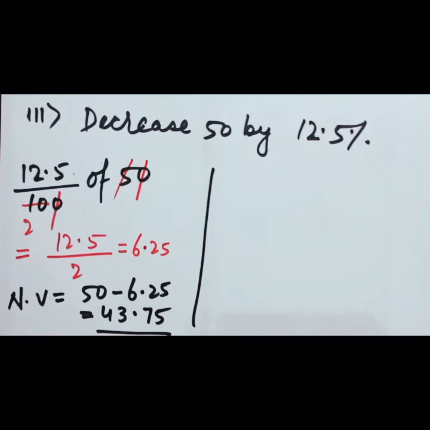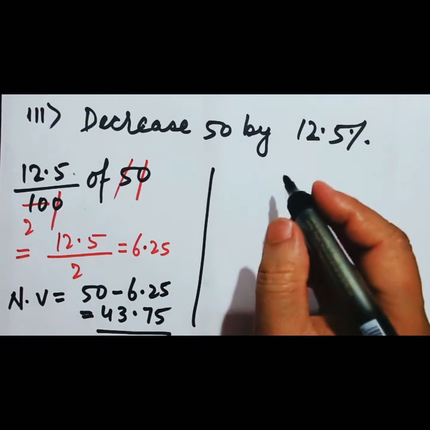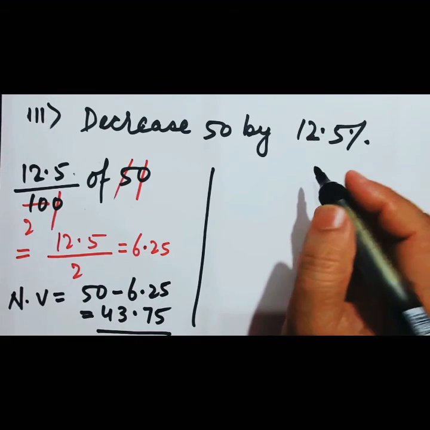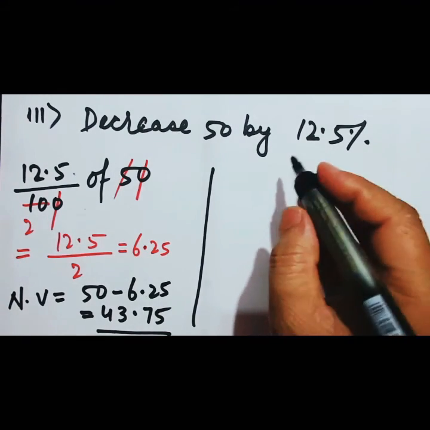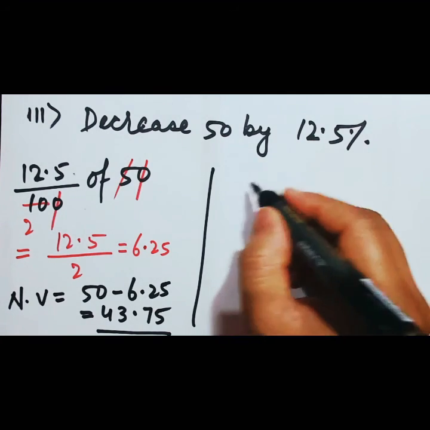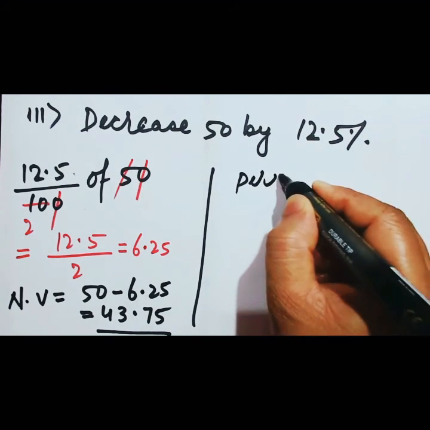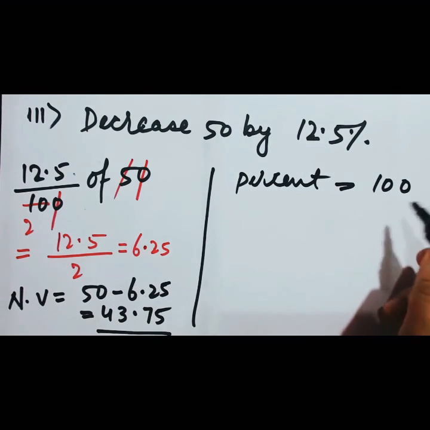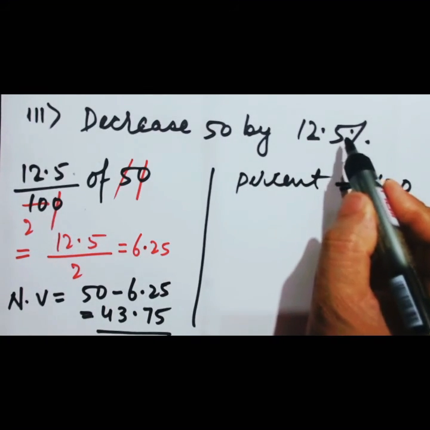Okay, come on. Once again we will be using our new method, the formula method, considering percent already means 100. In this we are decreasing the value by 12.5%.